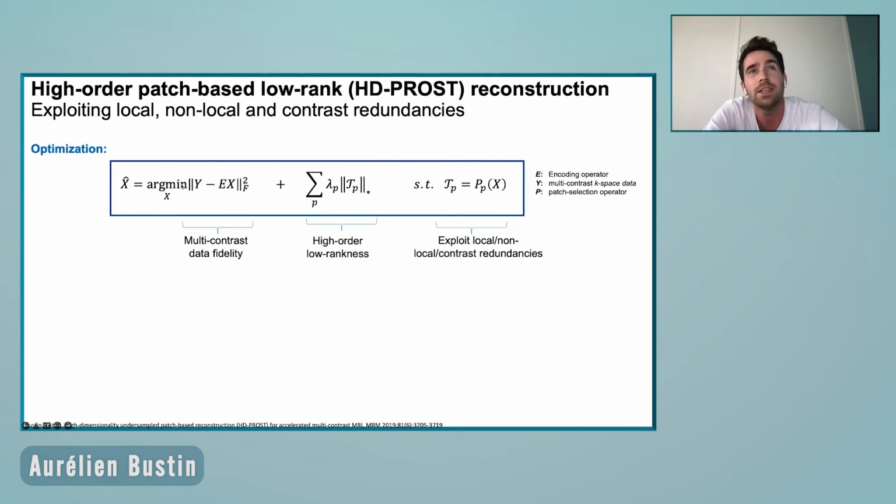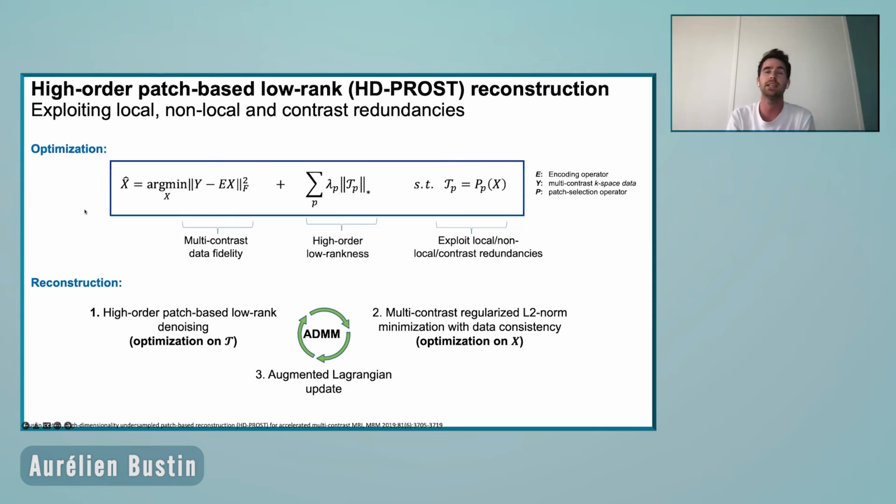This is very easily solved because now we can iterate and solve this optimization problem with regards to two variables, the variable X that we want to recover and the variable T. The great thing is that X is not in this regularization term anymore, so we can split the two optimization problems, and it's very easy to solve now.